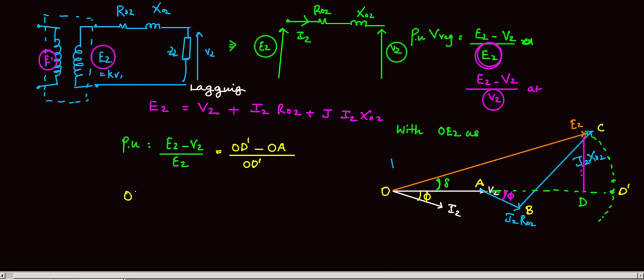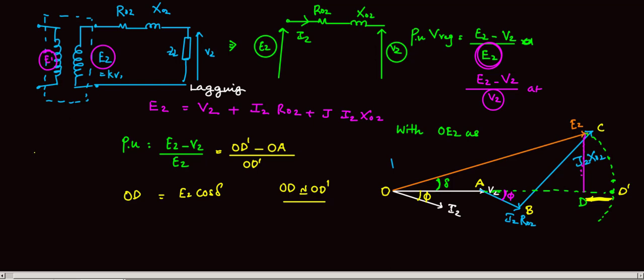What is OD? OD equal to E2 cos delta. Okay, if I neglect this drop, DD dash, then I can take E2 as OD, if it is possible, only if delta is very small.